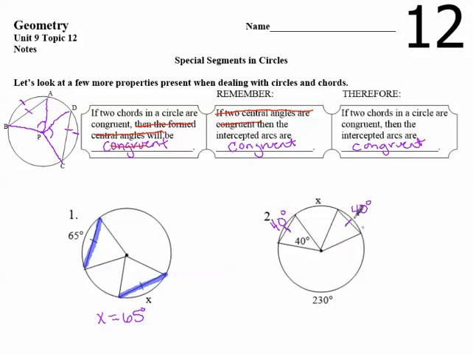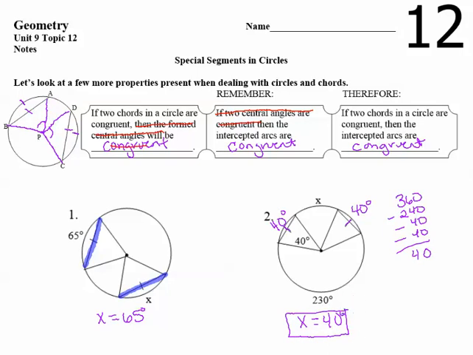In an entire circle there are 360 degrees. So if I take away 240, 40, and 40, I end up getting 40. So x in this case also happens to be 40 degrees.